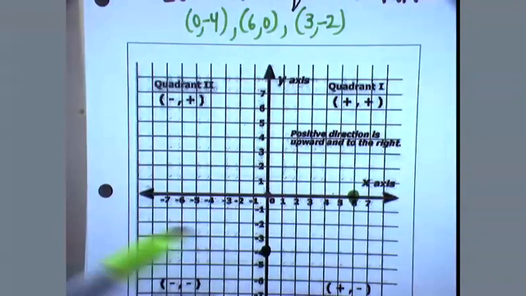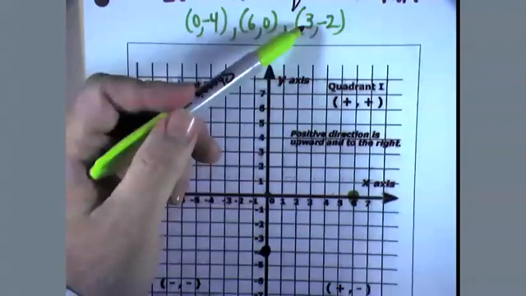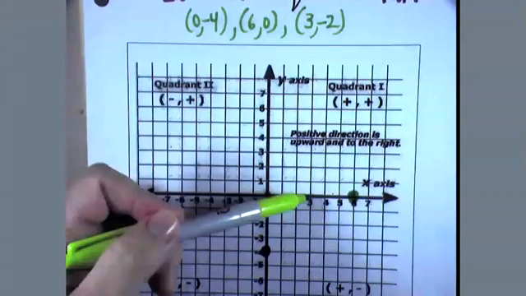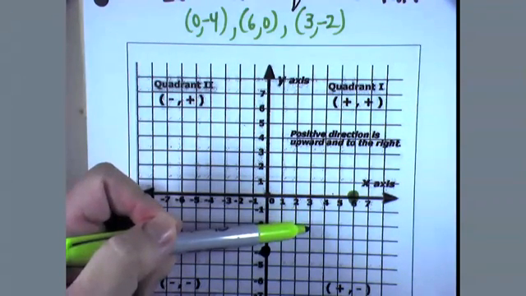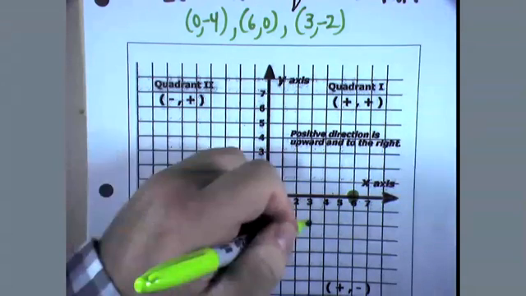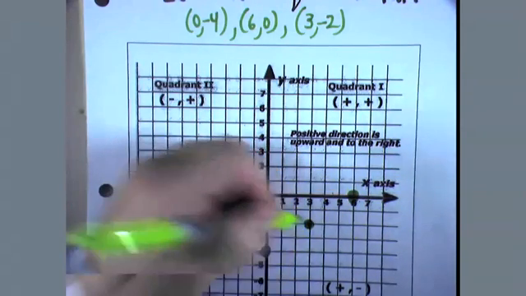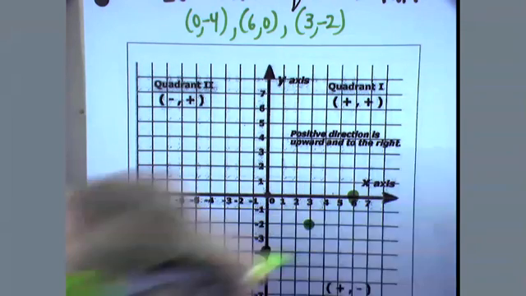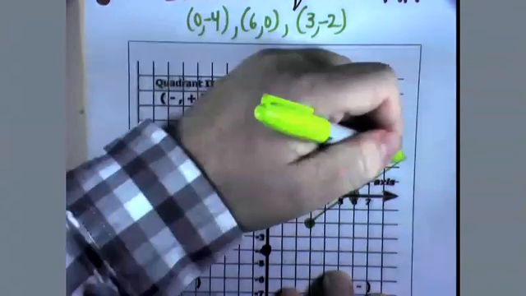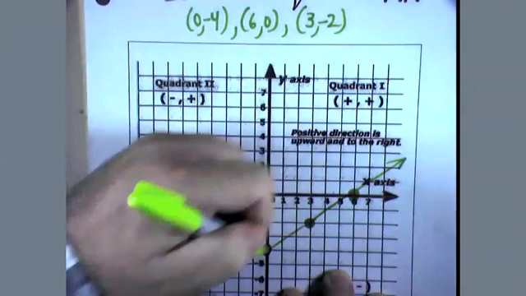So this is saying we're going 3 blocks east, and then from there, we're going 2 blocks south because the y is negative. Now connect your dots. MyMathLab will connect the dots for you. You don't have to manually connect the dots. And your graph should form a straight line.